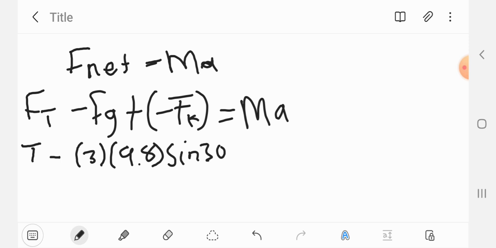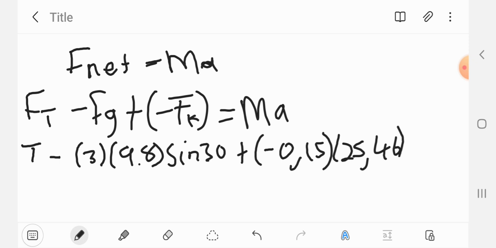This is the gravitational force for the 3 kgs, and then we will have the negative 0,15 for the kinetic friction times 25,46, and this will be equal to the mass, which is 3, and then a.